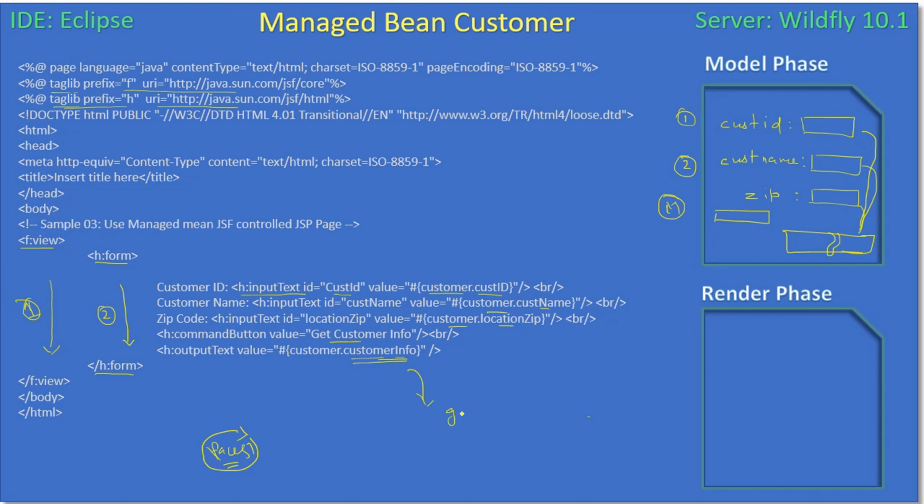The fourth method we wrote in our bean. So it will make a call to that and it will return a string, and that string is rendered here in the rendering phase. So you will still see customer ID, customer name, zip, and whatever you typed gets rendered here. Not only that, you will see the content which was typed here also populated.